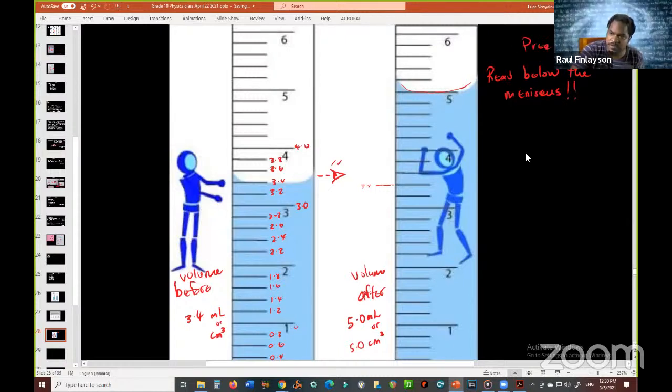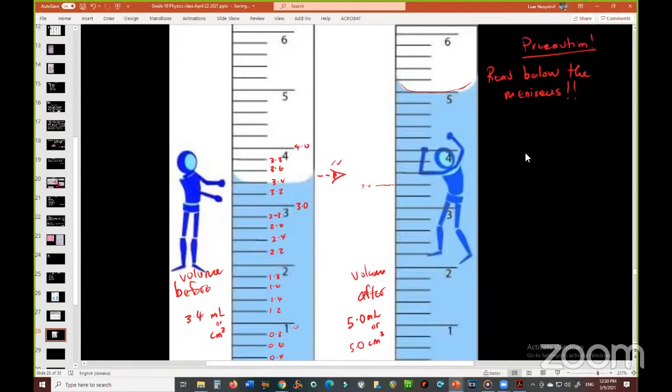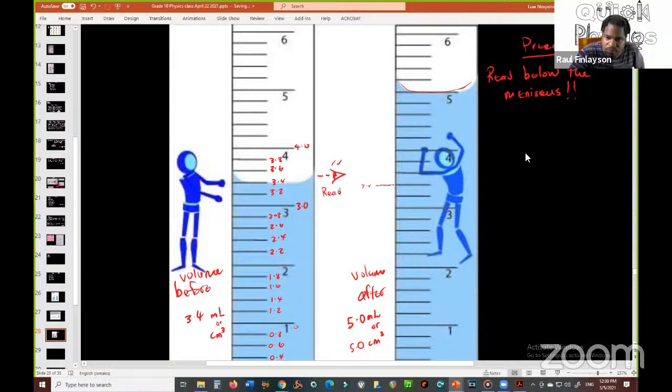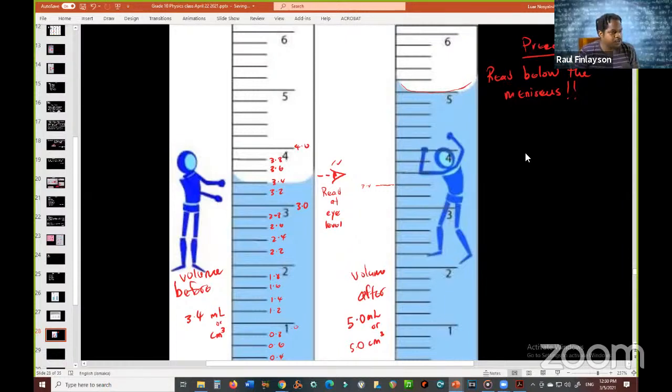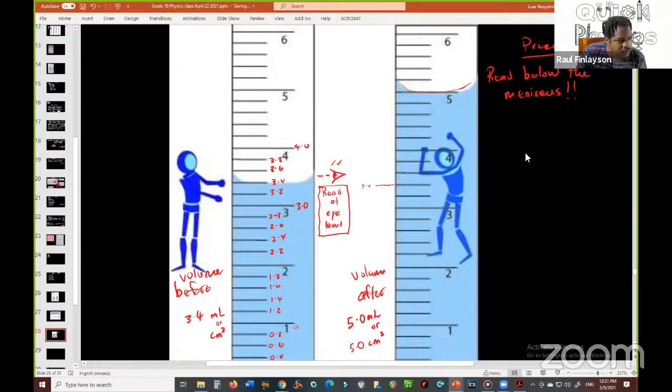Do you guys have any questions? No, sir. All right. So remember the 2 precautions: read at eye level, which means you should be looking directly at the reading when you're recording the measurement, and of course, you read below the curved surface of the liquid. Those are the 2 important things.